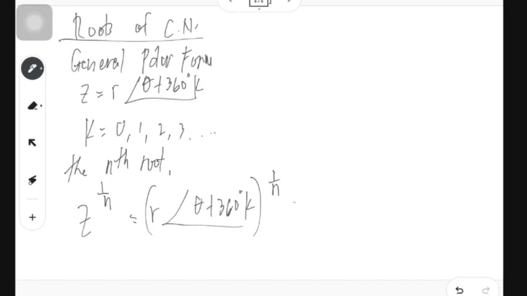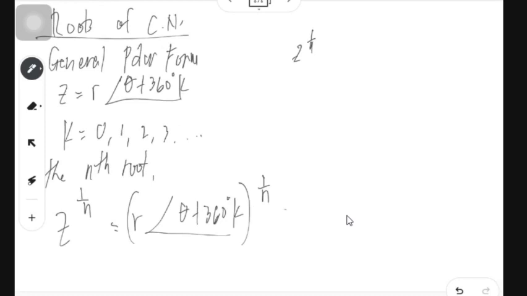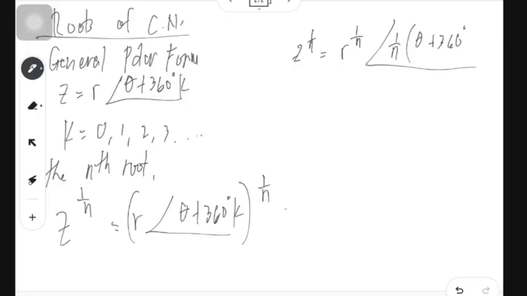So what is the principle behind this? Using the powers of complex numbers, z to 1 over n is simply r raised to 1 over n, and you multiply the angle by the exponent. That is 1 over n times theta plus 360 degrees k. So your multiplier here becomes a fraction since you're interested in the nth root.